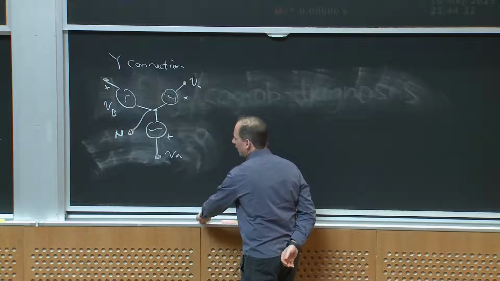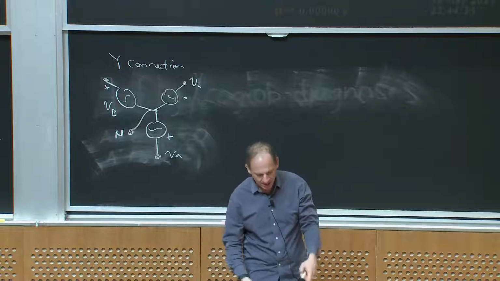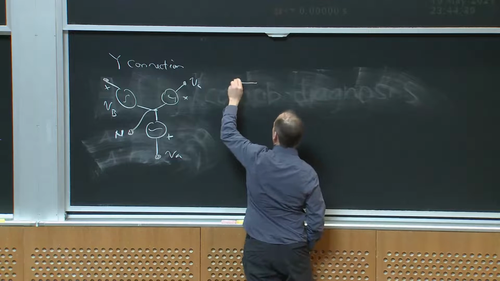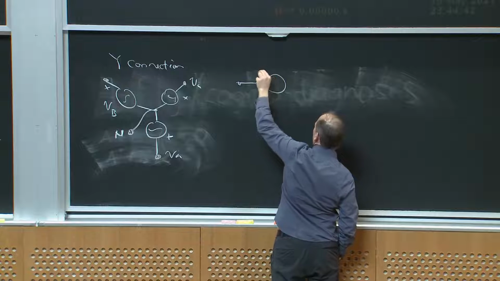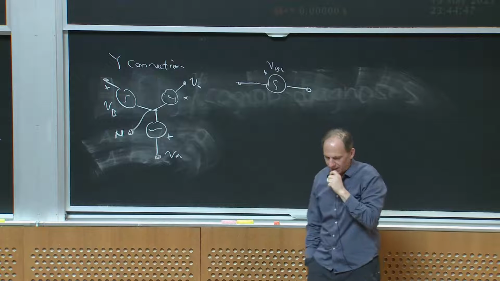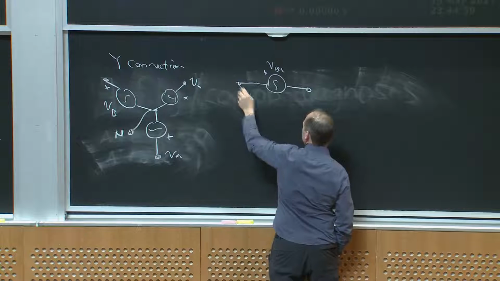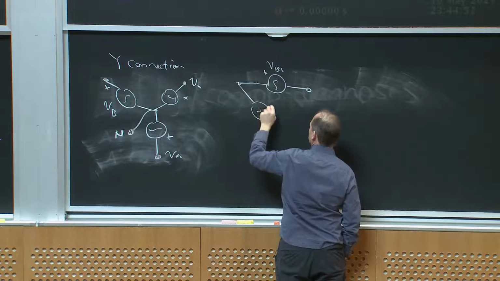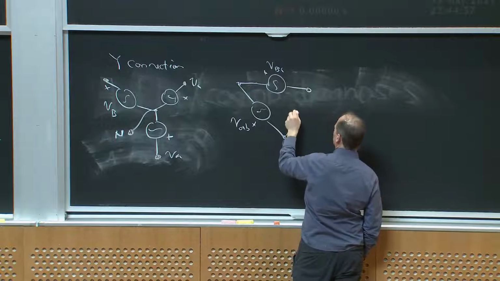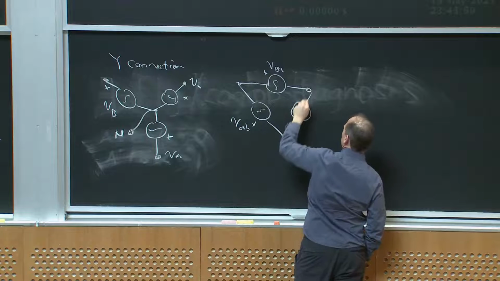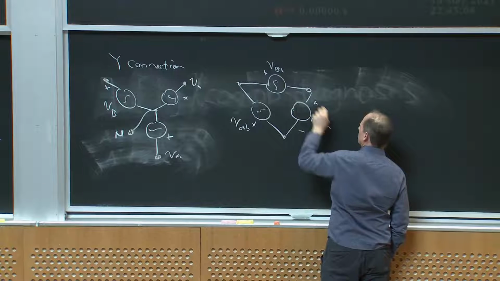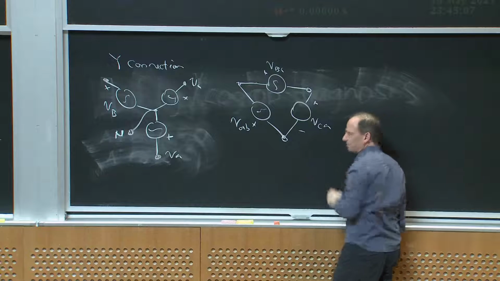Another way one could connect it is to have a delta connection. So I could connect something this way. I could have a voltage VBC connected this way, a voltage VAB connected here, and a voltage VCA connected here, okay?